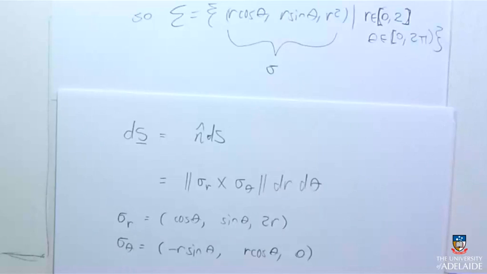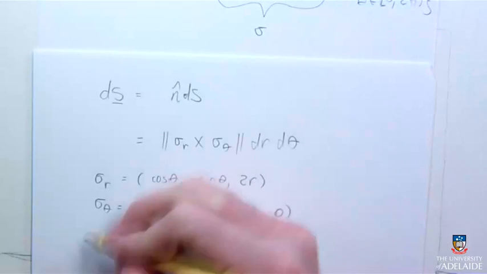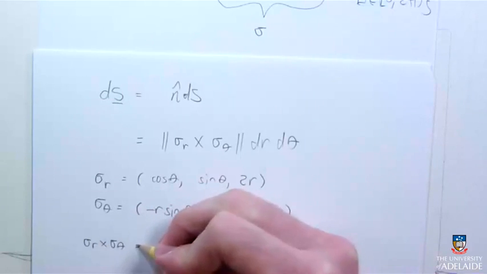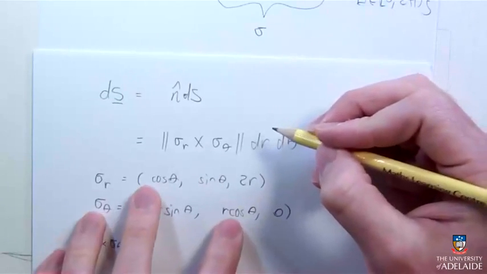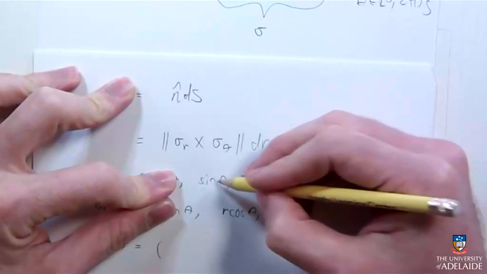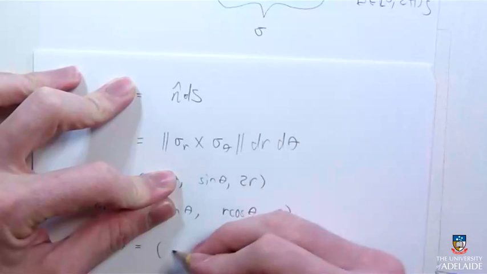And now I have to do the cross product of these two things. In this position I'm going to have the determinant of that, sine theta times 0 minus 2r times r cos theta.